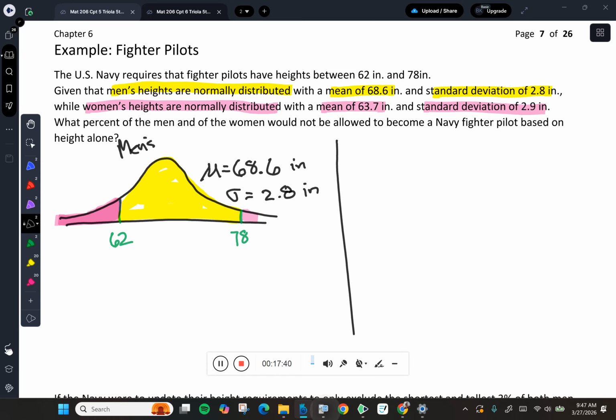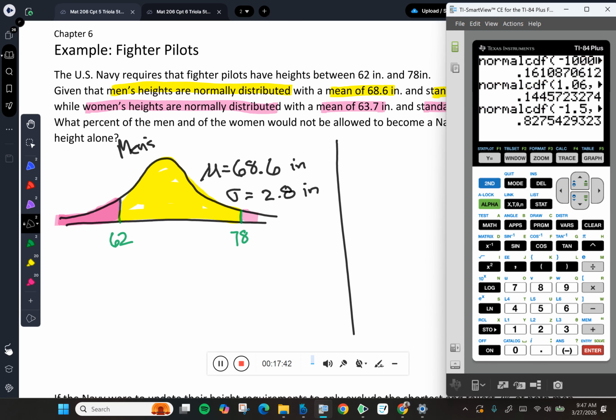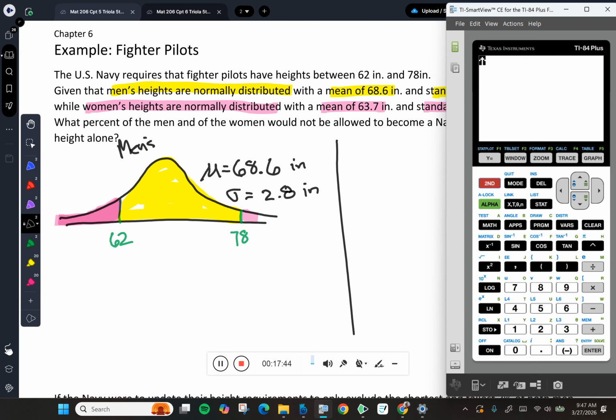So I'm going to bring up my calculator, go to my distributions, grab that normal CDF. My lower limit is 62. My upper limit is 78, but now I've got a mean of 68.6, so I'm going to change that. A standard deviation of 2.8, change that, paste that back in, and I get 0.9904.